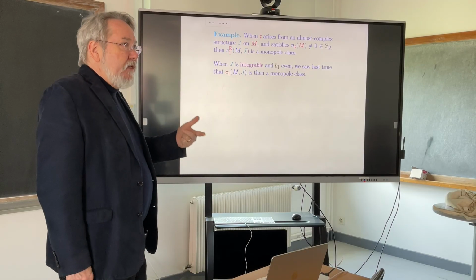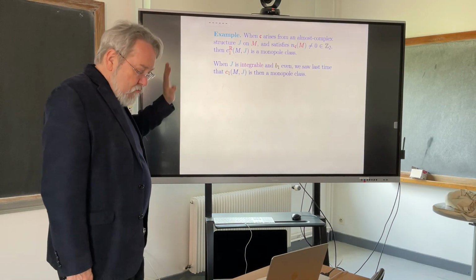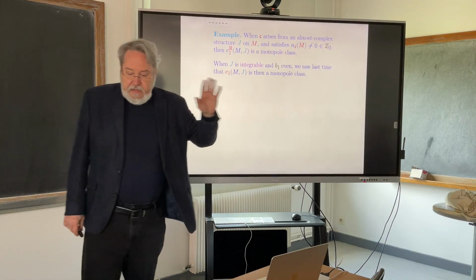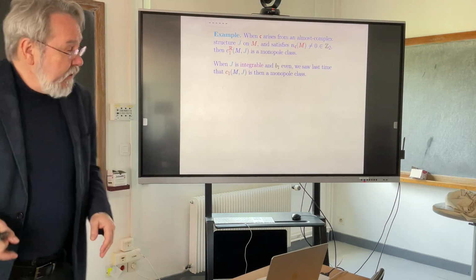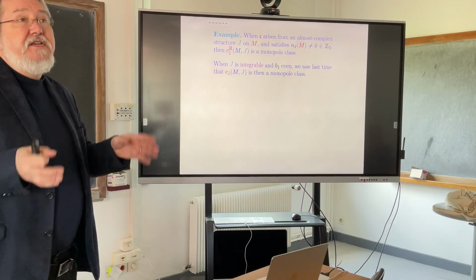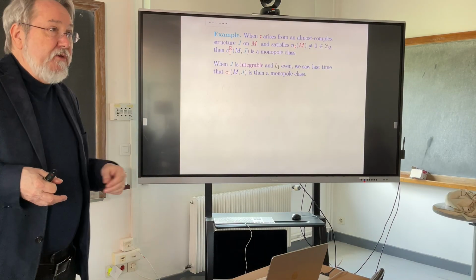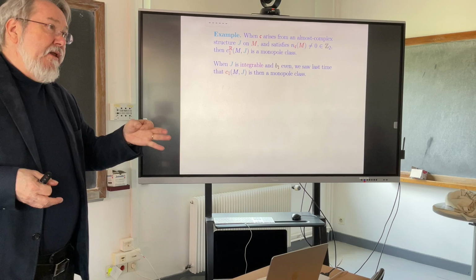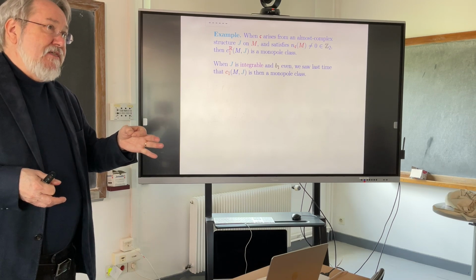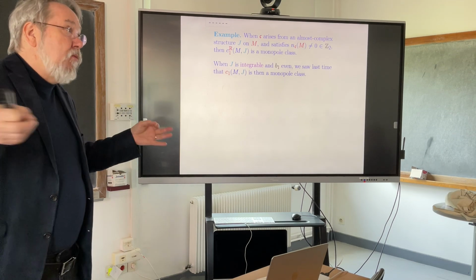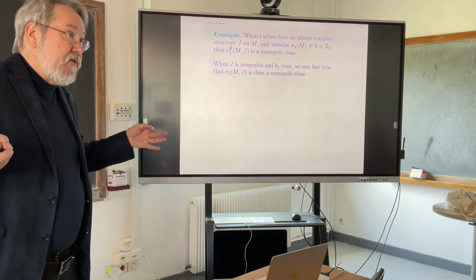So actually, if you assume that the intersection form is indefinite, and let's say b plus is greater than or equal to 2, like we're doing, it'll turn out that if there's one c1 that arises from an almost complex structure, there are infinitely many choices of c1 that arise from almost complex structures.